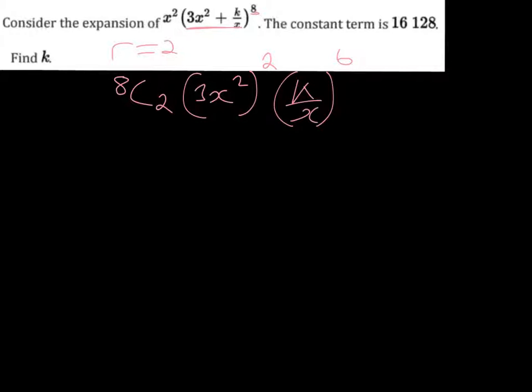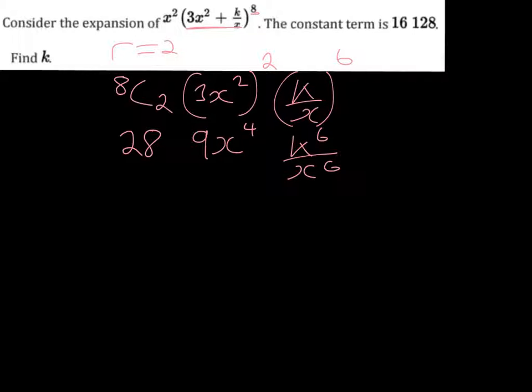If we complete this on our calculator, 8 choose 2 is going to give us 28. (3x squared) all squared is going to give us 9x to the power 4. And then this is going to give us k to the power 6 all over x to the power 6.